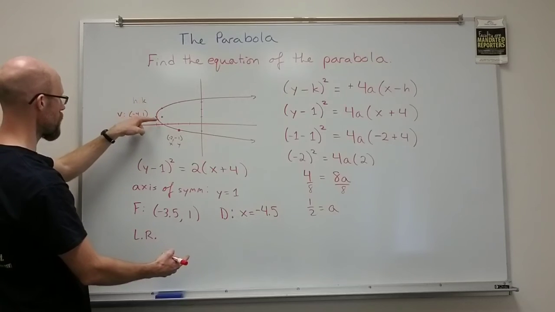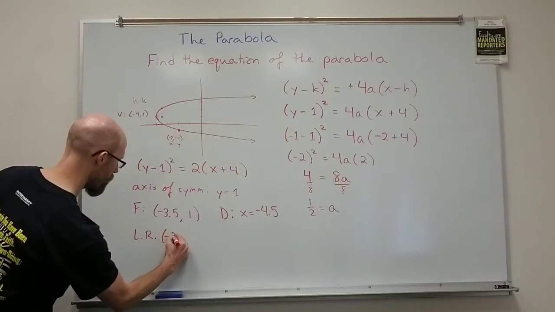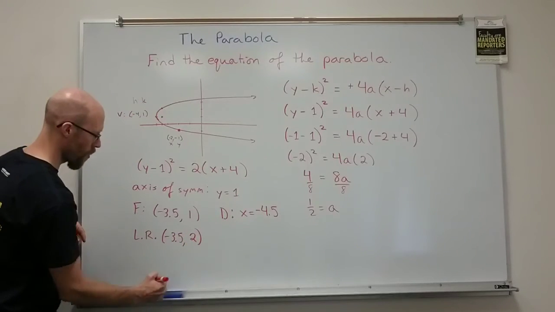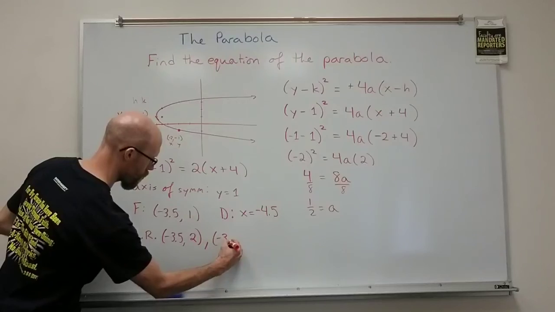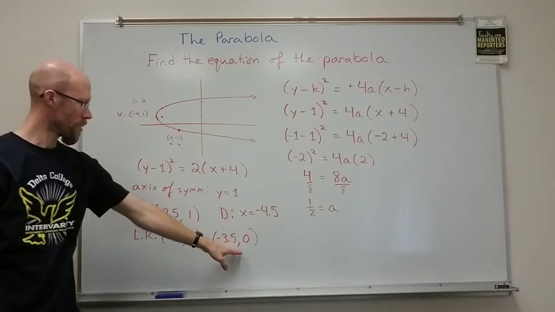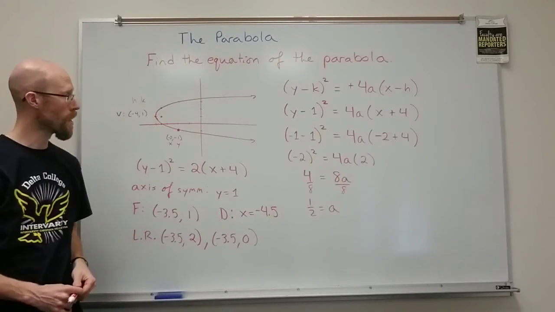I guess that would be at negative 3.5 comma 2, that's adding 1, and negative 3.5 comma 0, that'd be subtracting 1. So the endpoints of the latus rectum would be those 2 points.